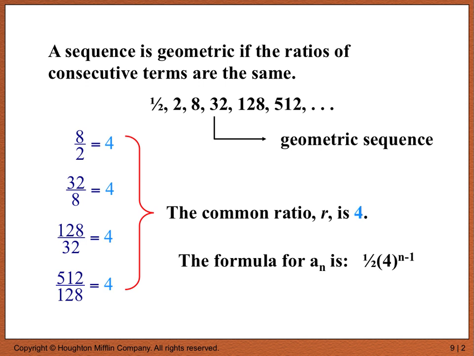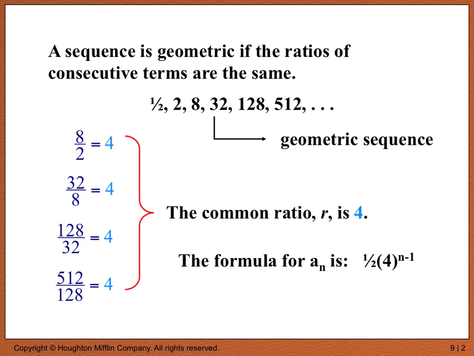The formula for the nth term: when you see a sub n equals something, we know that we're talking about the formula for the nth term of the sequence, which is 1/2 times 4 to the n minus 1. Now we're going to learn how to find the formula for the nth term later, but you should notice a couple things right off the bat in seeing this formula.